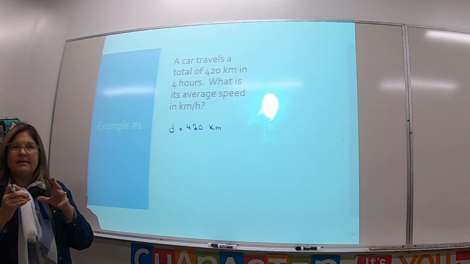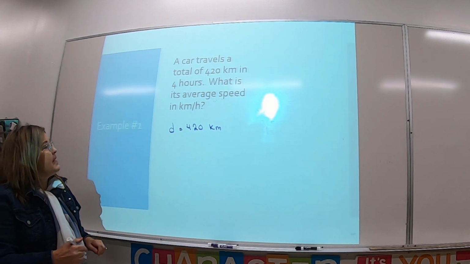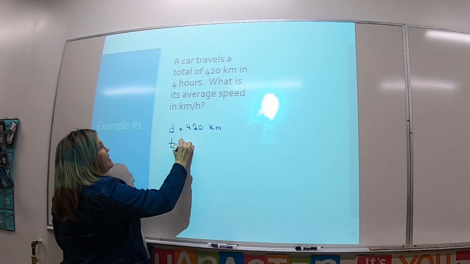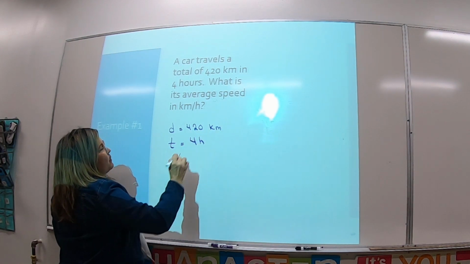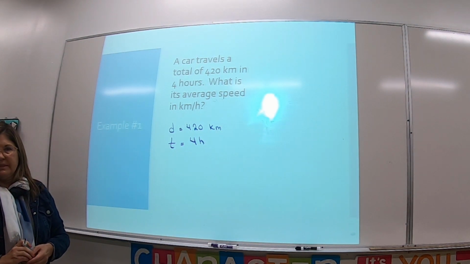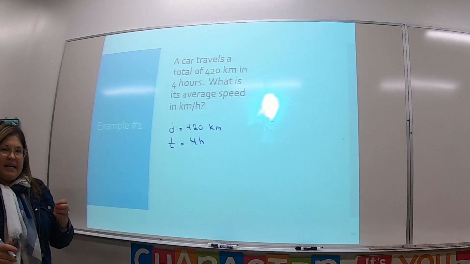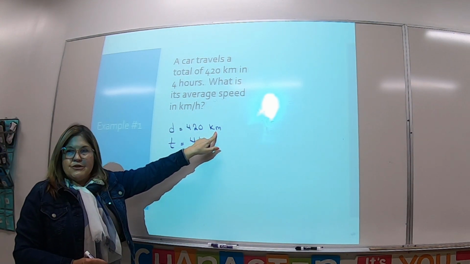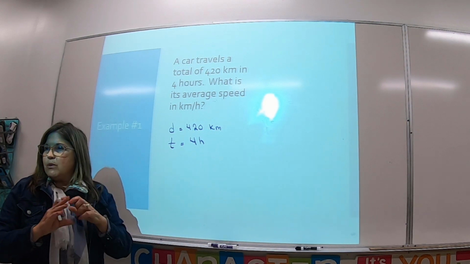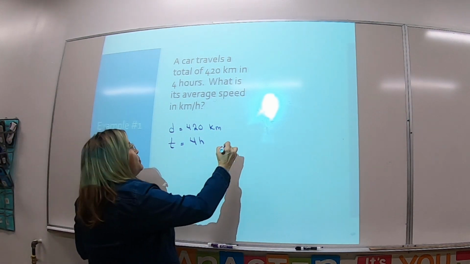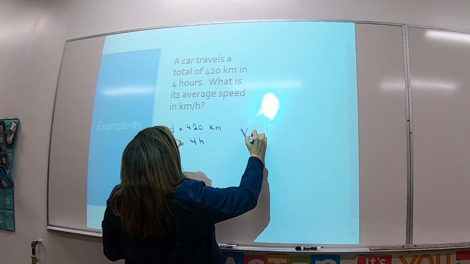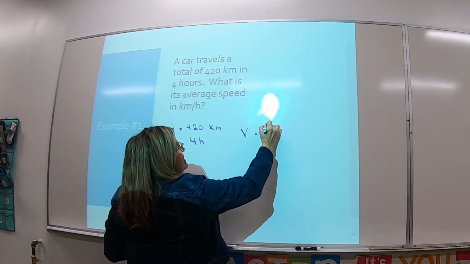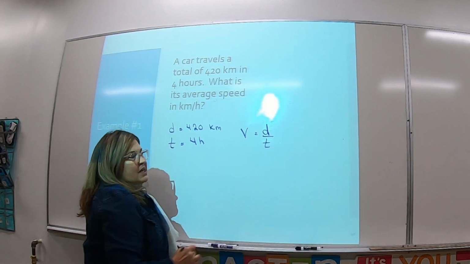Distance is a lowercase d. Time is equal to 4 hours. So we want our answer to be in kilometers per hour. Our units are kilometers and hours, so we're good. So we know that we're looking for the speed, which is distance over time.